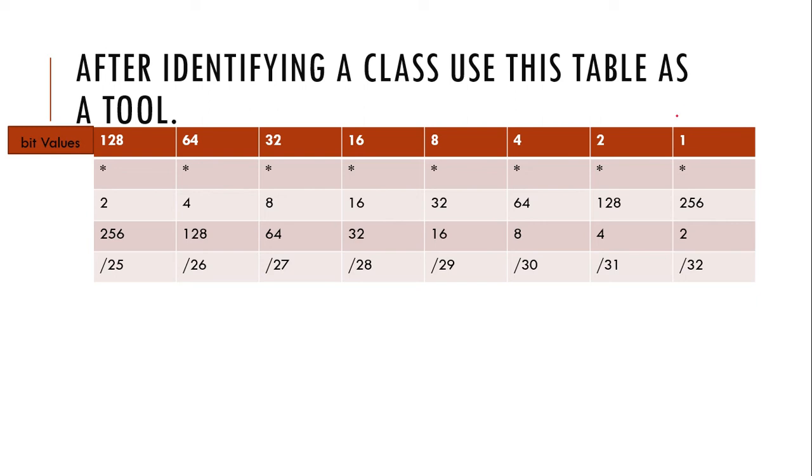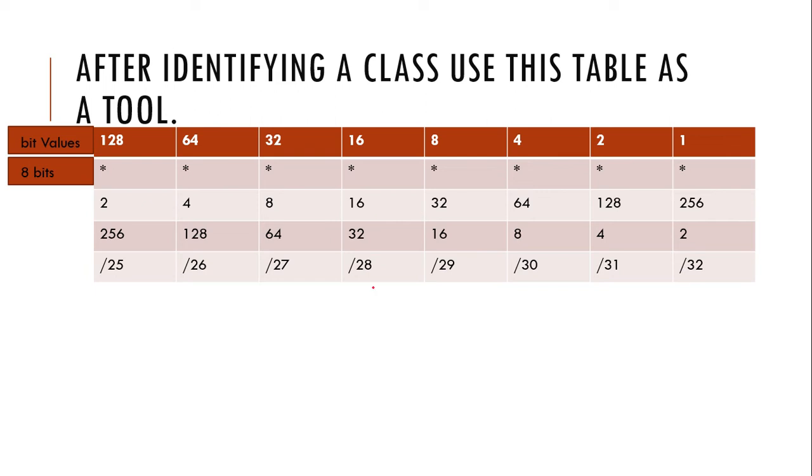Actually, you can start from here. It's 2 to the power 0, 2 to the power 1, 2 to the power 2, 2 to the power 3, 2 to the power 4, 2 to the power 5, 2 to the power 6, 2 to the power 7. Having 8 bits indeed here: 1, 2, 3, 4, 5, 6, 7, 8.